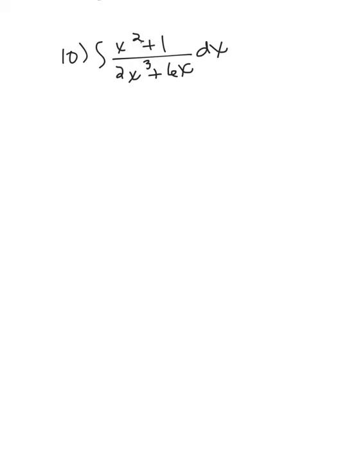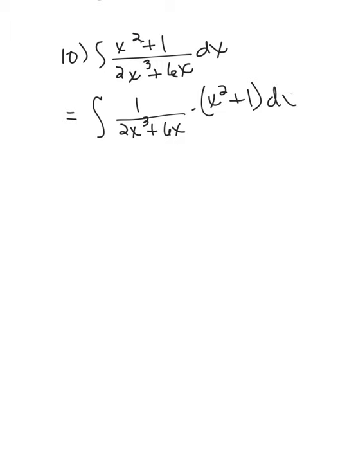On number 10, we have the integral of x squared plus 1 over 2x cubed plus 6x. All of this is times dx. Let's rewrite it as the 1 over. We will have the integral of 1 over 2x cubed plus 6x times x squared plus 1, and that's a quantity, so I'm going to put it in a set of parentheses, times dx.